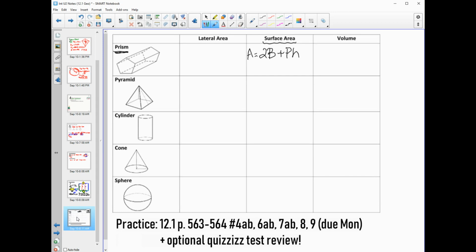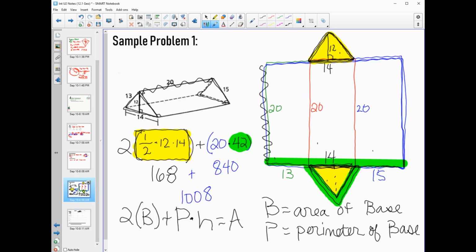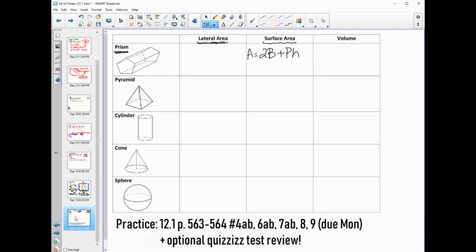So now which portion of this formula is our lateral area? Let's look back at our previous one. Our lateral area is these 3 rectangles. So our lateral area is that perimeter, that green line, times the height. So our lateral area is the perimeter of the base times the height.